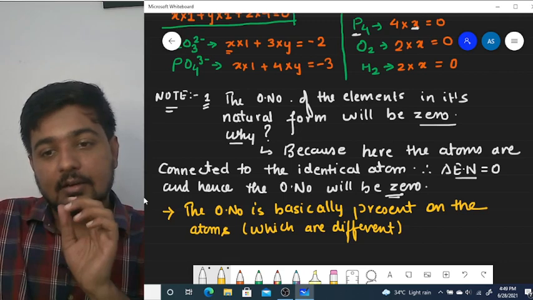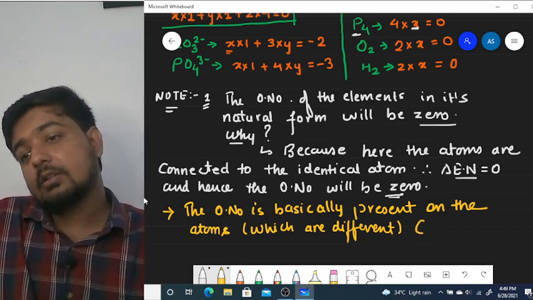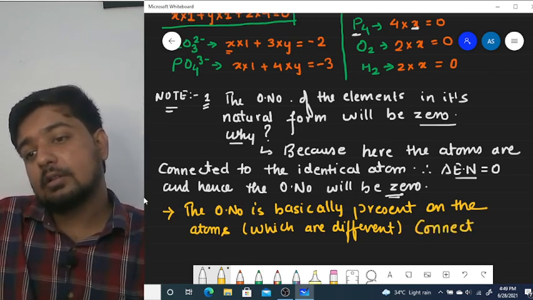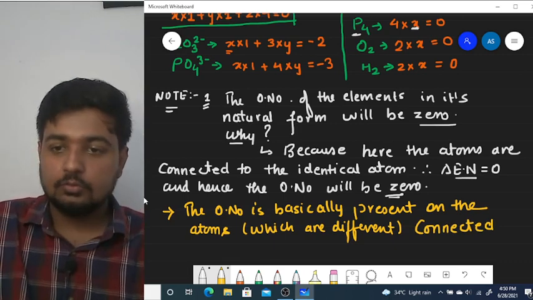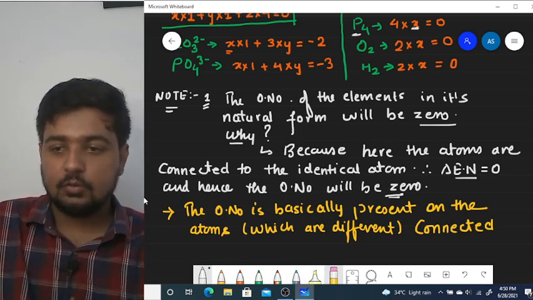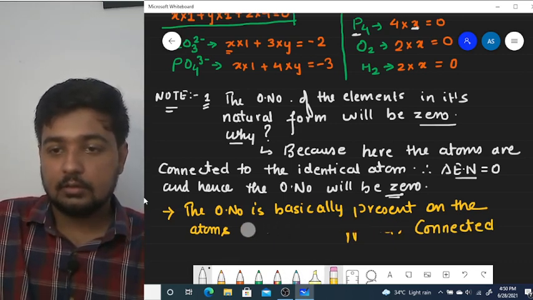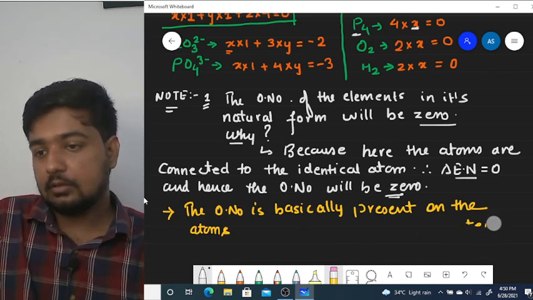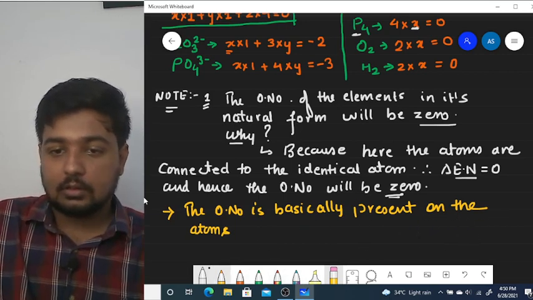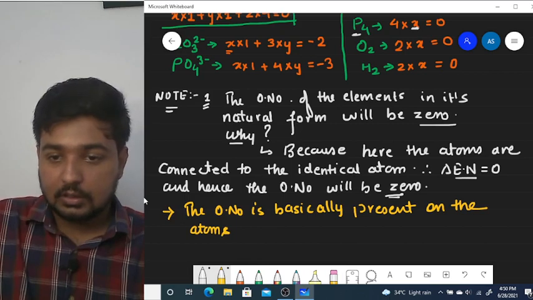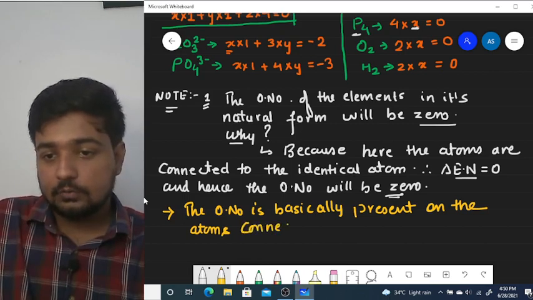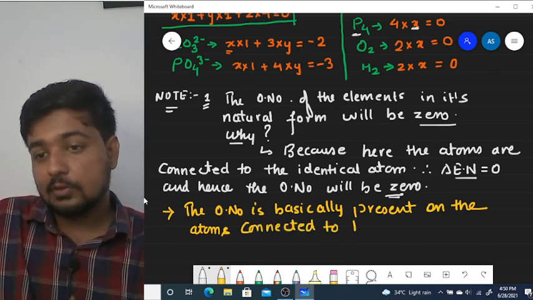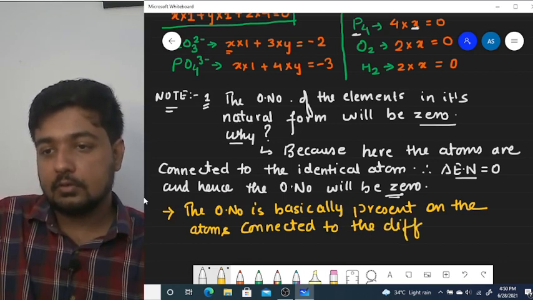On the atoms connected to the different atoms, I can write it over here. Why?